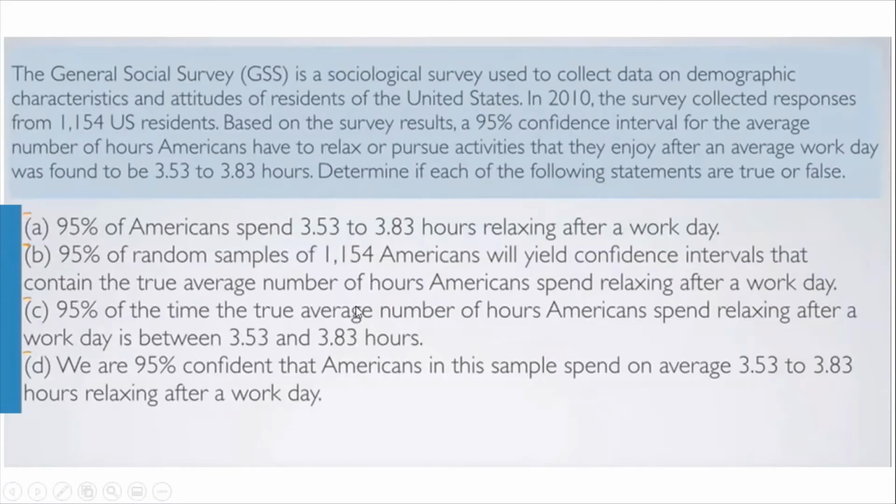C: 95% of the time, the true average number of hours Americans spend relaxing after a work day is between 3.53 and 3.83 hours. D: We are 95% confident that Americans in this sample spend on average 3.53 to 3.83 hours relaxing after a work day.